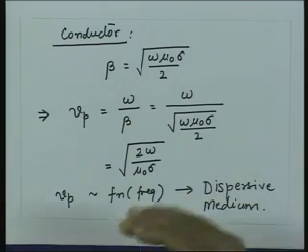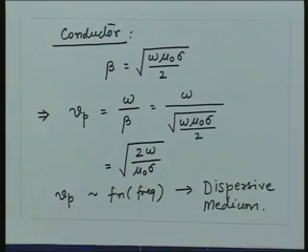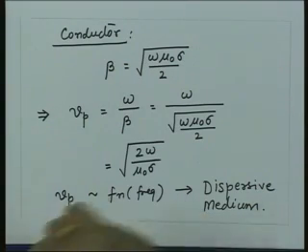We have some important conclusions to draw now. First of all, when the electromagnetic wave travels in the medium, we can define a parameter called the phase velocity. That is a parameter which tells you with what speed the phase, or a constant phase point on the wave, is traveling in the medium.